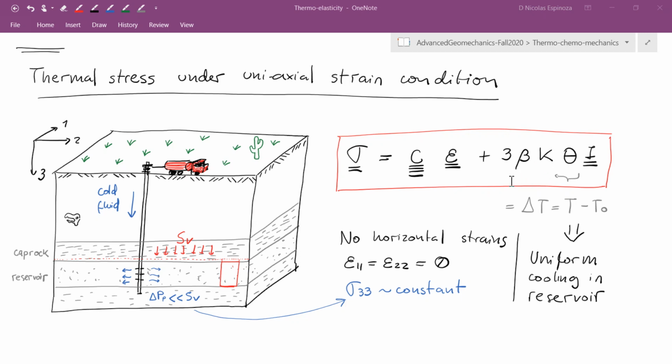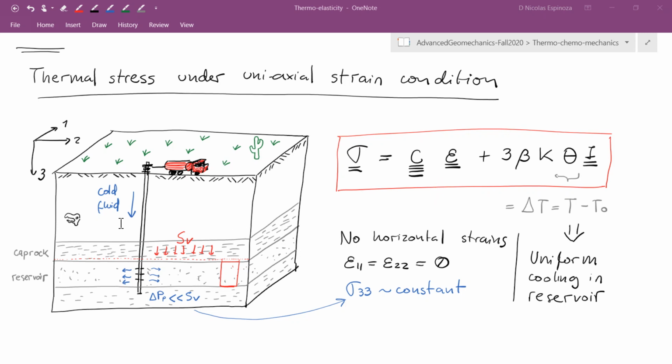In this video now we're going to use this equation in order to obtain what will be the thermal stress under uniaxial strain condition, which is closer to what occurs on surface.